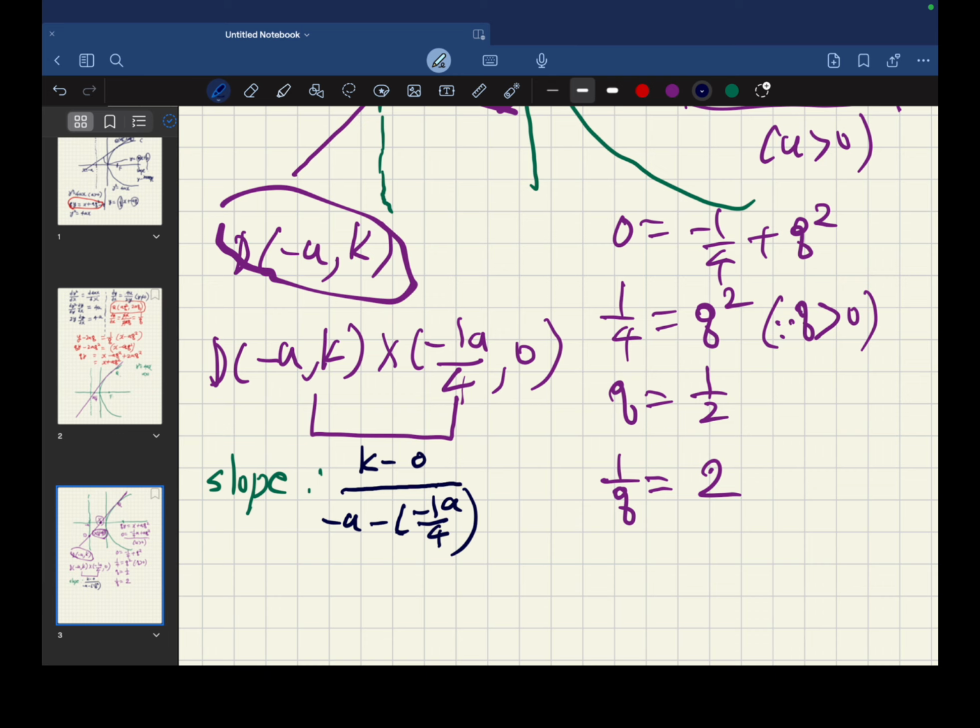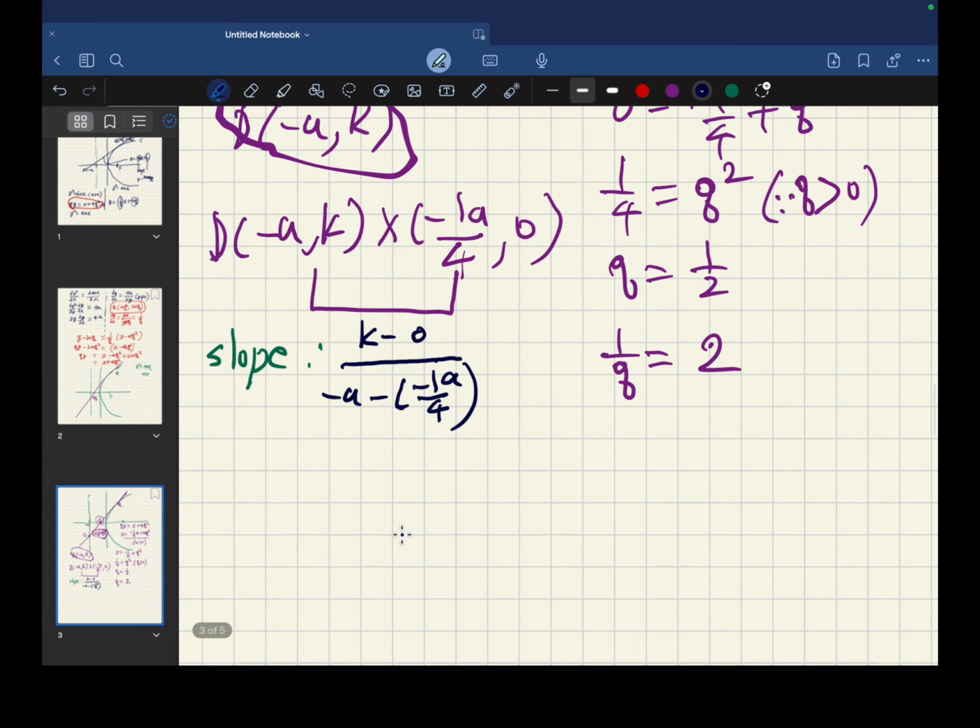Note that the direction must always be from one to another. So the slope would be k over minus a plus a over 4, which is like minus k over minus 3a over 4.